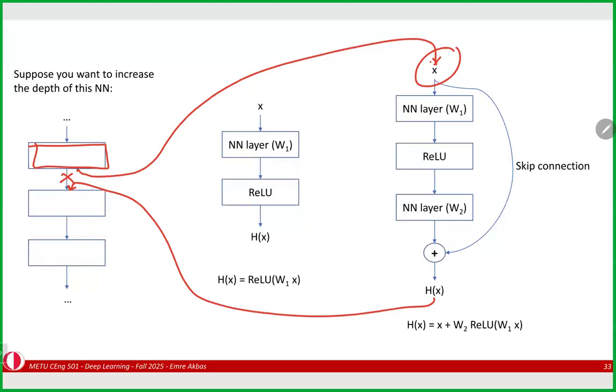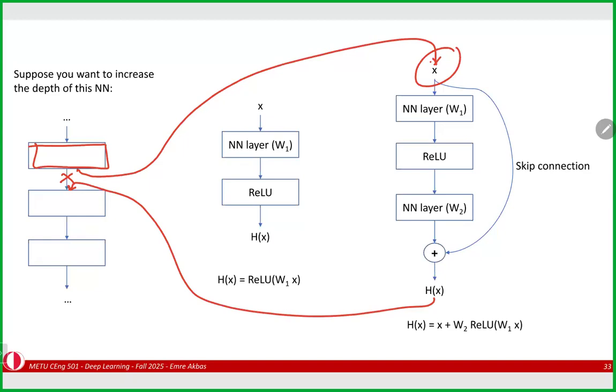Okay, now, just a second. Now, if you look at this formulation, when you initialize W2 with zeros or very small random numbers close to zeros, then you implement the identity transform. H(x) equals x.